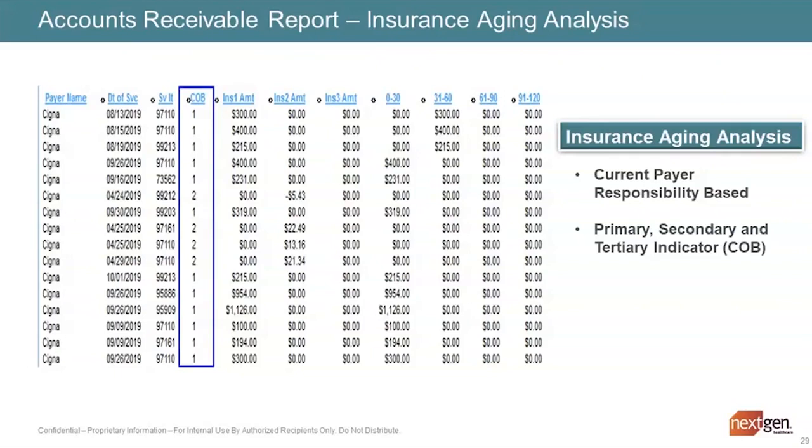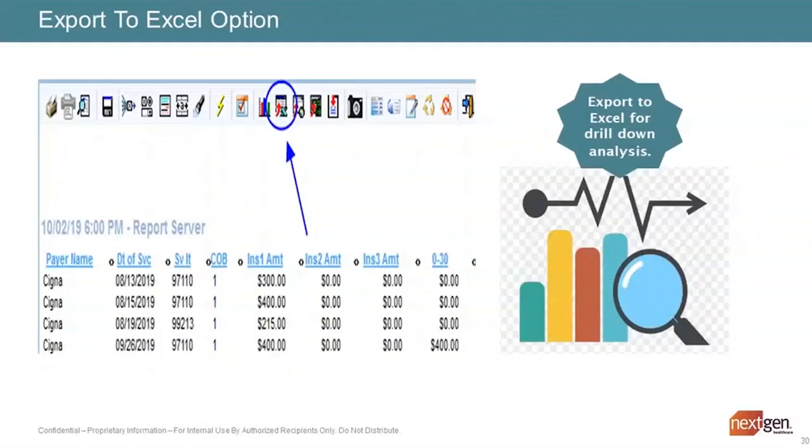The reason that I really, really like this report is because I am a data nerd. I really love to not do any sorting, not do any totaling, and I like to take all the data and export it to Excel.